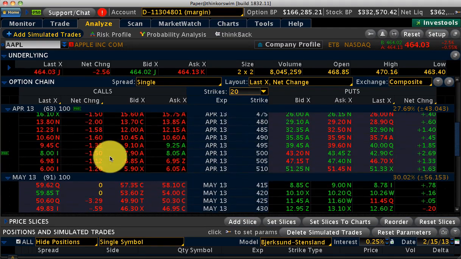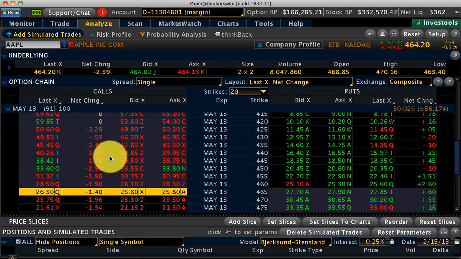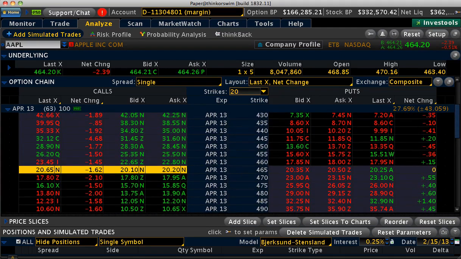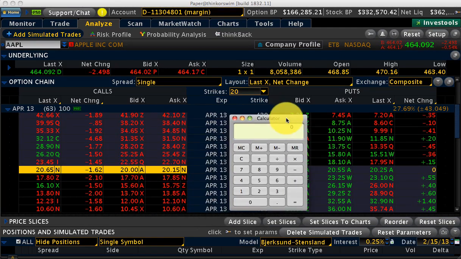So we have 26.3 and 20.65. So I have my little calculator here. Let's see, as a percentage of the value of the option, how much time decay was lost. The way we calculate that is 26.3 minus 20.65.